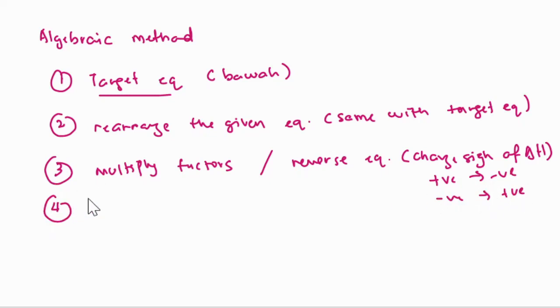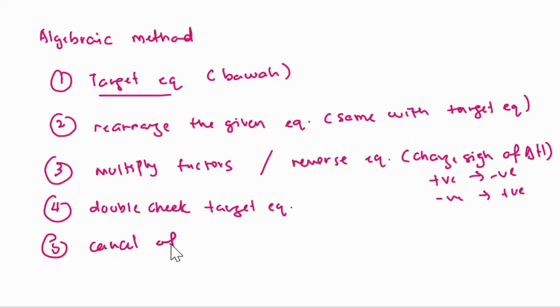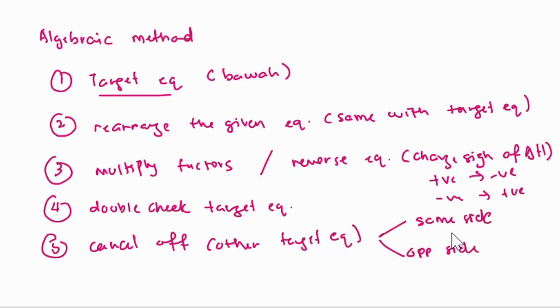So the next one is double check your target equation, make sure apa yang perlu ada on the left hand side, on the right hand side semuanya tally, and then next baru kamu boleh cancel off yang mana yang tak perlu ada dalam your target equation. So kalau same side, left hand side dengan left hand side kita akan tambah.